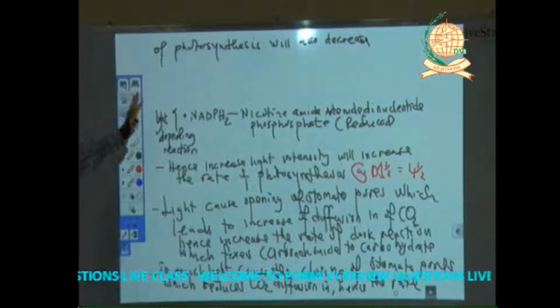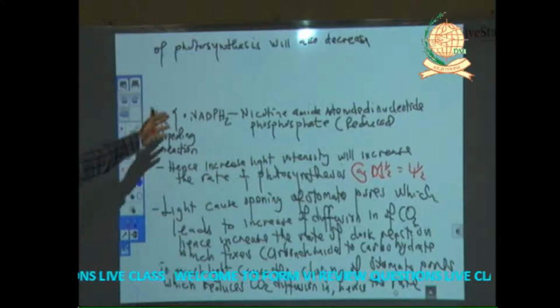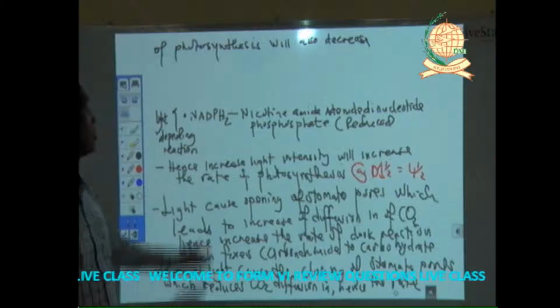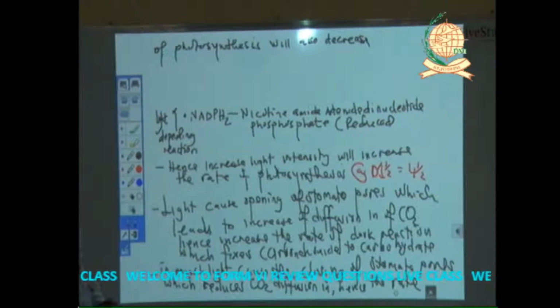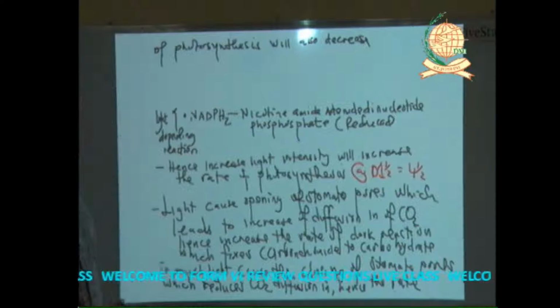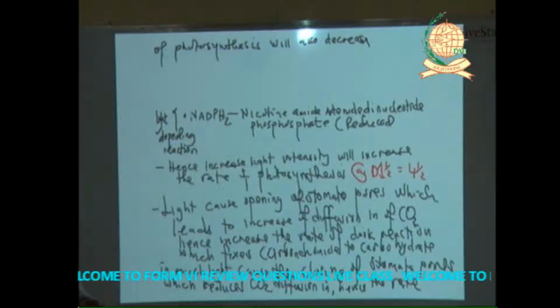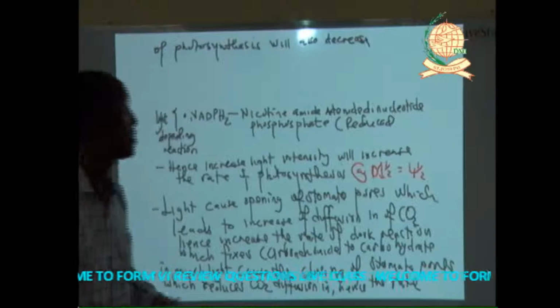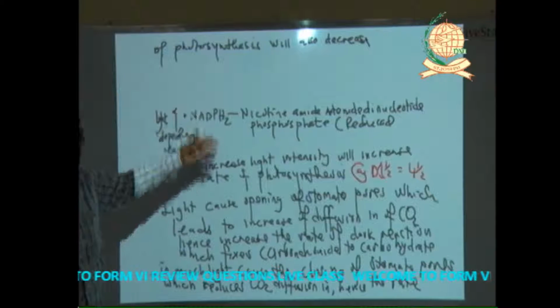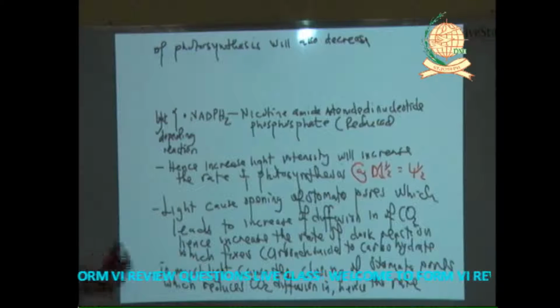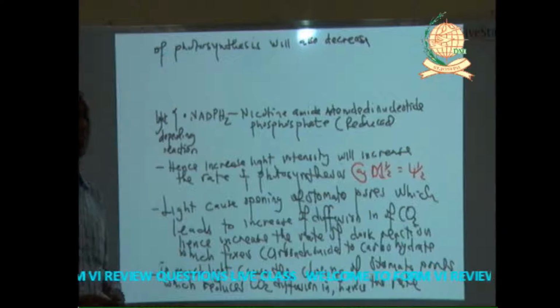So in the beginning, we said that light is very important because it produces ATP and reduced nicotinamide adenine dinucleotide phosphate. Then increasing the light intensity will also increase the rate of reaction because of production of that ATP. The light causes opening of stomatal pores.